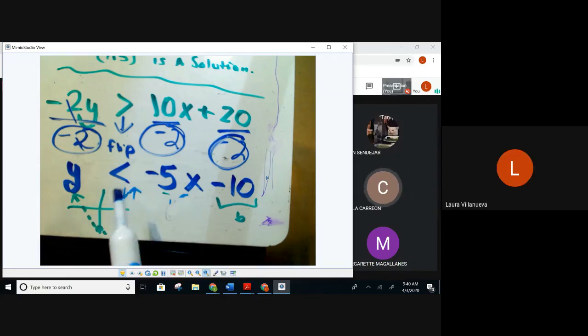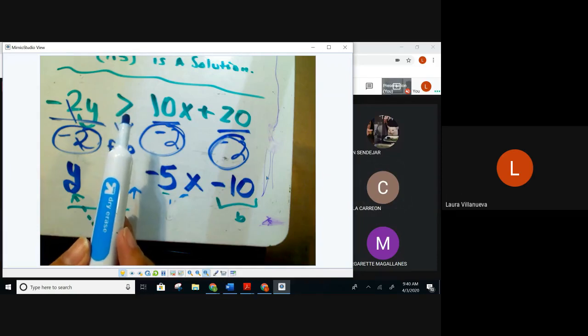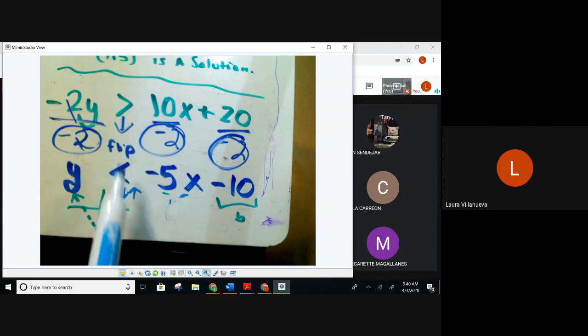It tells you to shade at the bottom, because this is a less than symbol. If this would have been the other way, then you shade on top. If it's a less than symbol, you shade in the bottom of the line. So I'm going to shade in the bottom, and that's it.